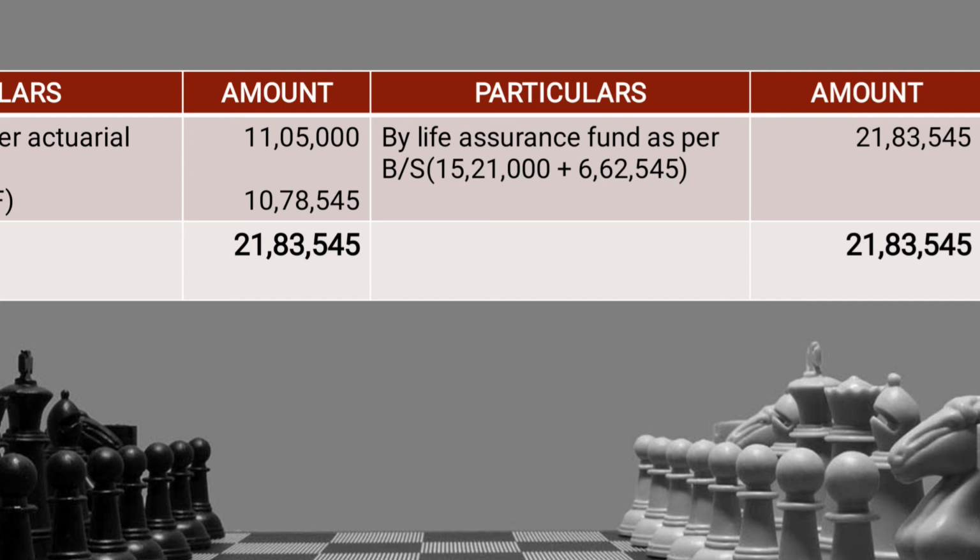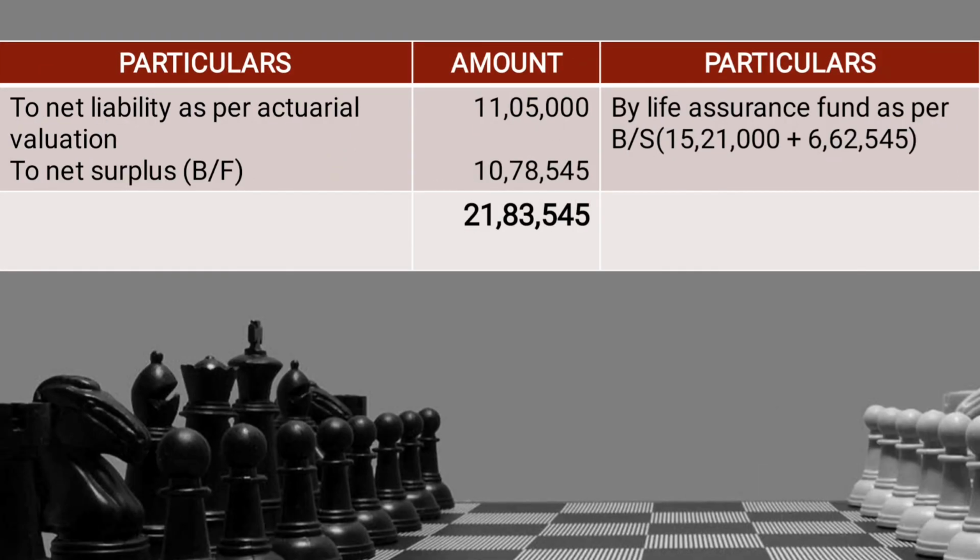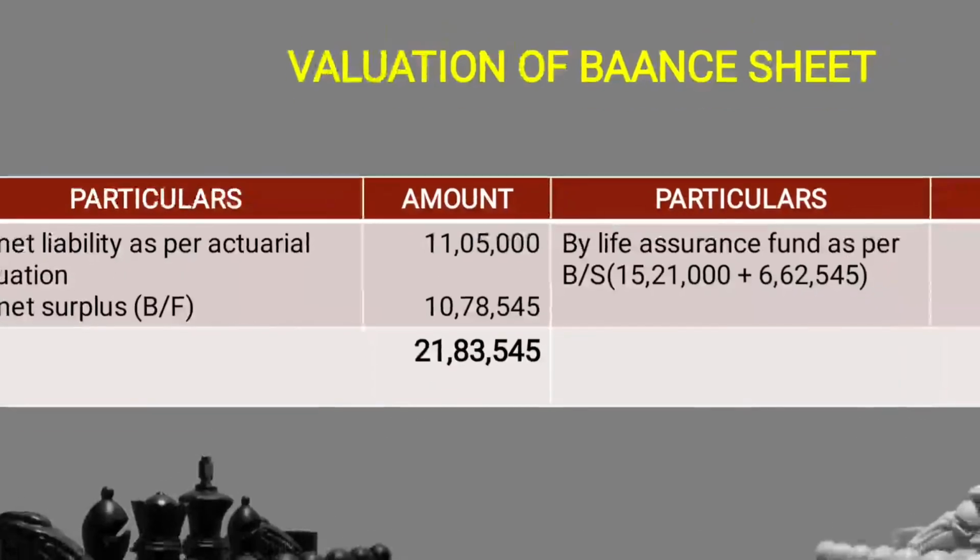We have written it, and whatever surplus amount you find from that format, that 6,62,000 also has been brought here. We are adding it. After that we are bringing that balancing figure. Okay, on the debit side you are getting a balancing figure. This is what the valuation balance sheet is. See, you can find the two items in the life assurance fund.